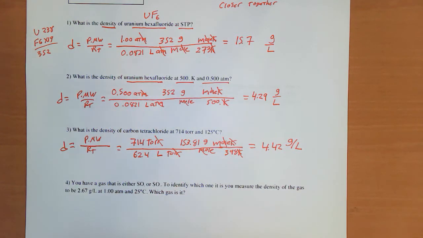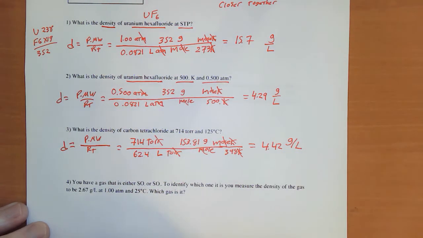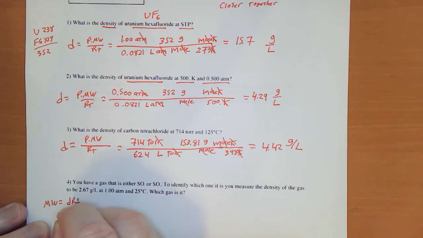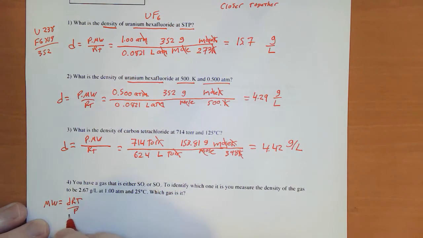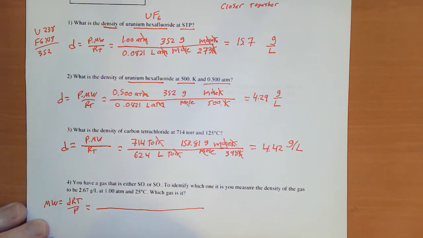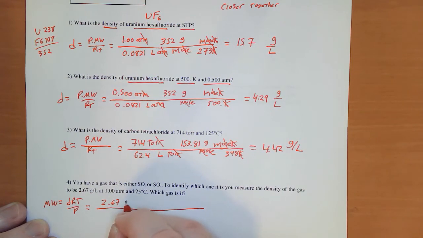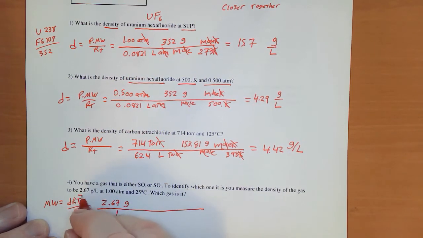Now, let's start using this idea. Okay, it's not often that you're actually going to be asked to calculate the density of a gas. Okay, but you are going to be asked to identify molecular weights, and this is one of the labs that we do this year. So molecular weight equals dRT over P, dirt over P. That's what the cat does in the litter box, puts dirt over its P. The density is 2.67 grams per liter.